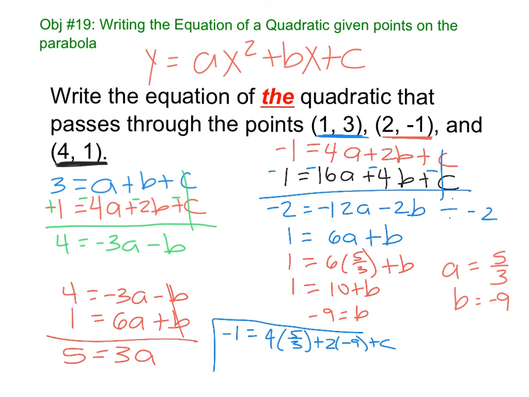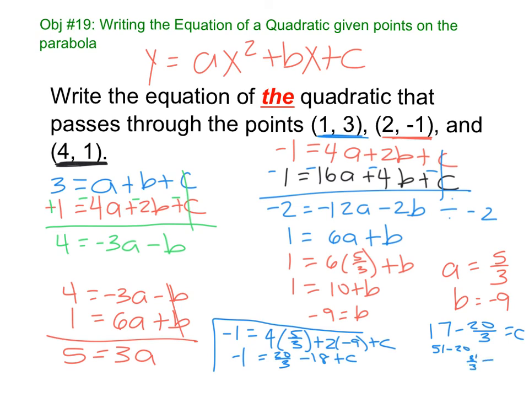Let's see, that's 18. So 20/3 minus 18 plus c equals -1. So let's see, we got 17 minus 20/3. 17 equals c. 17 times 3 is 51 minus 20, 31/3.